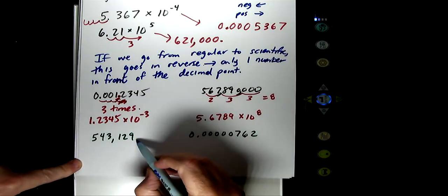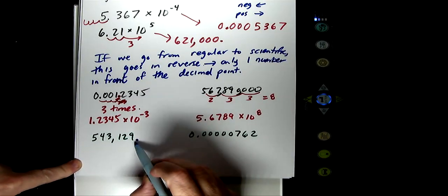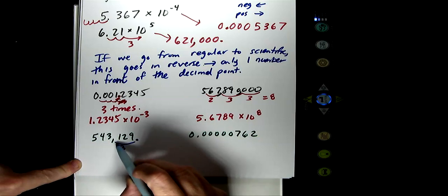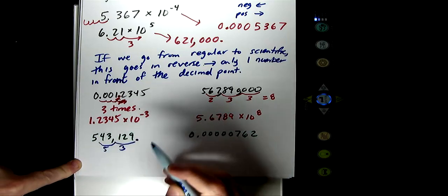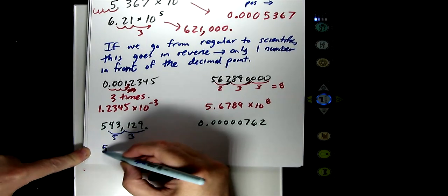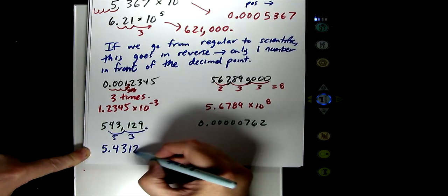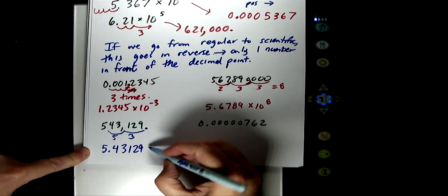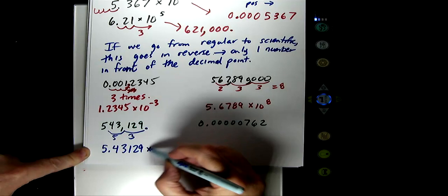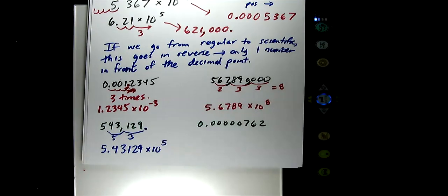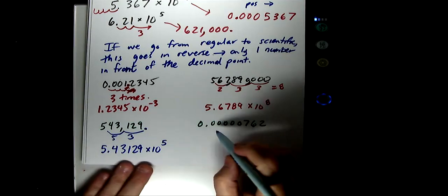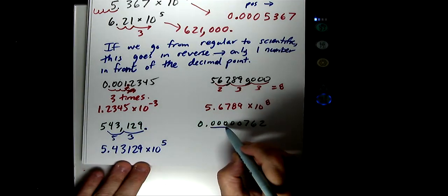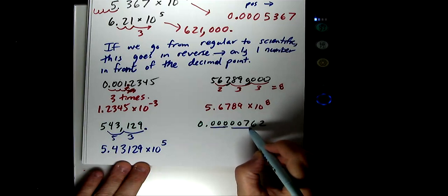So here, there's a decimal there. That's 3, total of 5. 5.43129, and it was a large number, so I'll make it a positive exponent. Here, that's 3, and that's 3.